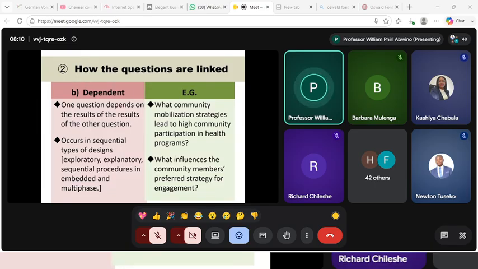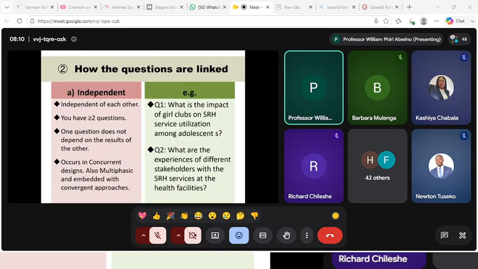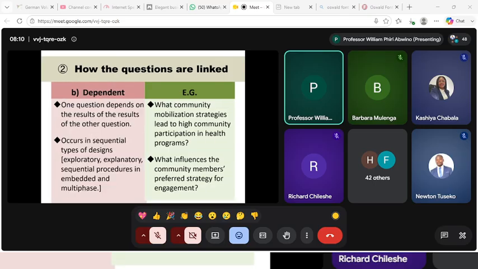The third one is what we have covered in the previous lecture, the concurrent, or parallel convergent.